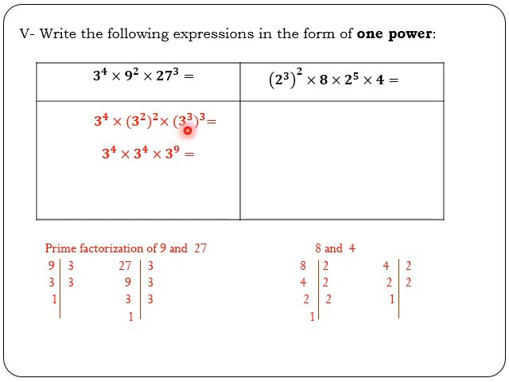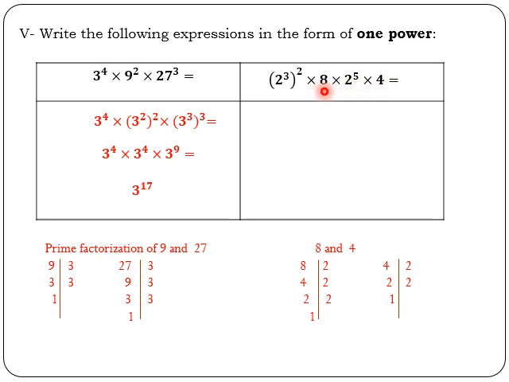And here we have 3 power 9. Now we have the same base multiplied by each other. So I have just to add the exponents. 4 plus 4 plus 9 is 17. So the final answer is 3 to the power 17. Similarly, in the next step, we have 2, 8, 2, and 4.